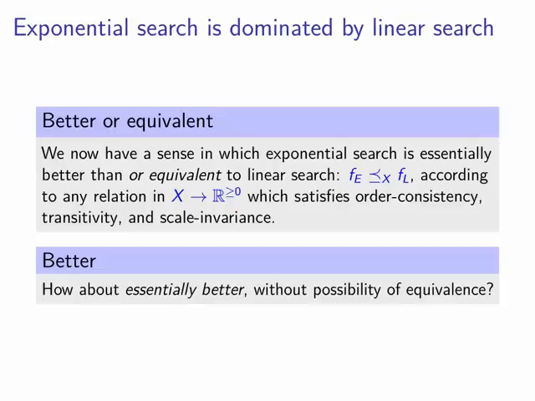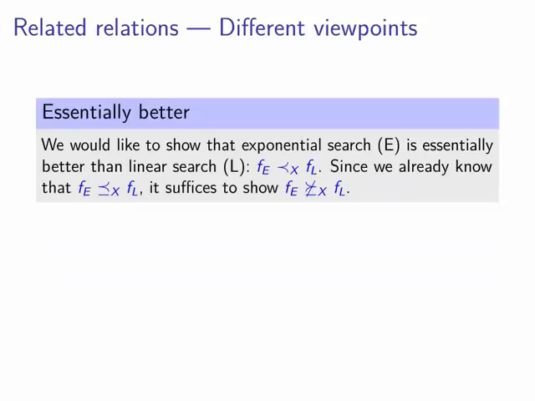But how about essentially better, without possibility of equivalence? We would like to show that exponential search is strictly dominated by linear search. We already know that exponential search is dominated by linear search.